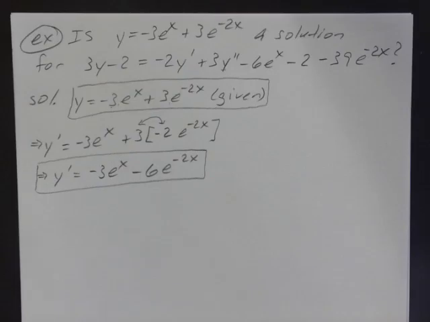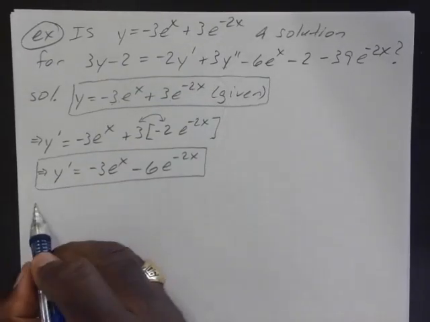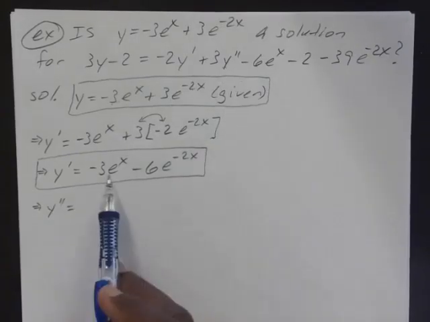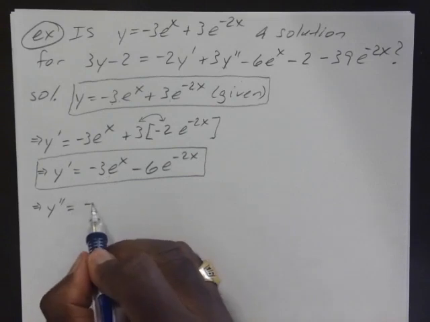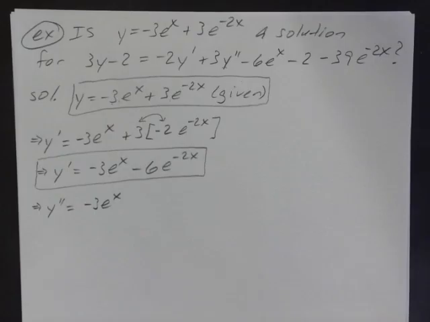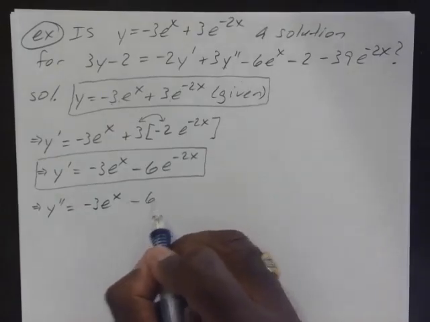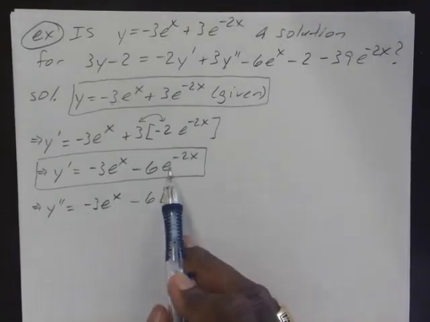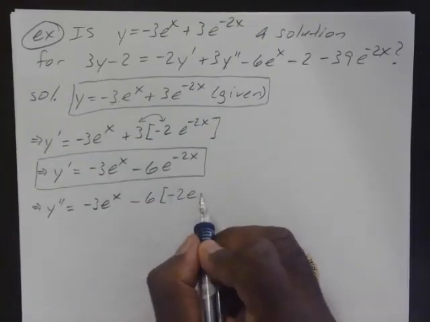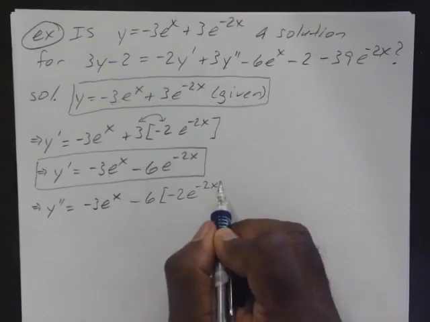Right, so now we have to find the second derivative, which is just the derivative of the first derivative. That's going to be -3 times e to the power of x minus 6 times the derivative of e to the power of -2x, which is -2 times e to the power of -2x.